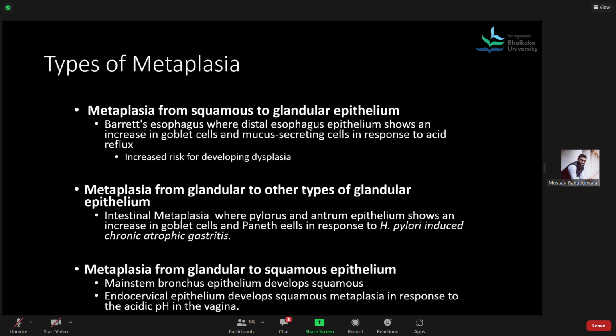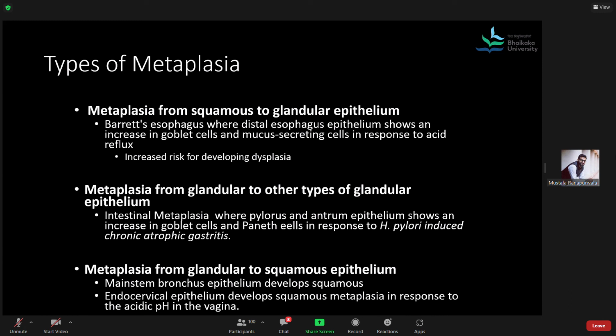We also see metaplasia from glandular to squamous epithelium, which is classically seen with your main stem bronchus. Chronic smokers classically show you this feature where the ciliated columnar epithelium is shifted to squamous epithelium because of this constant attack by that smoke.